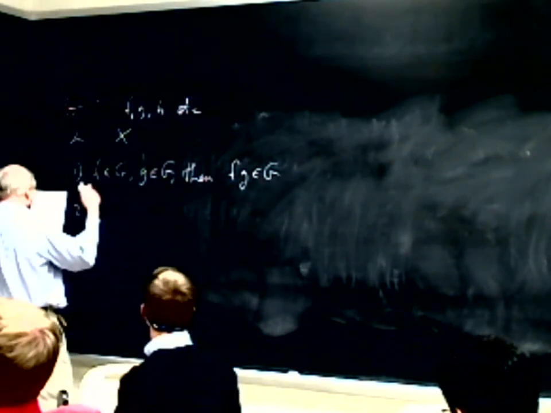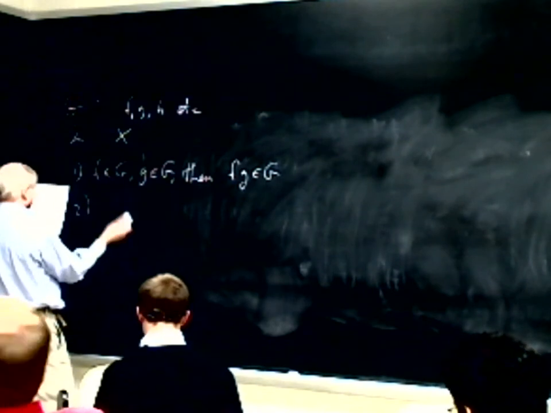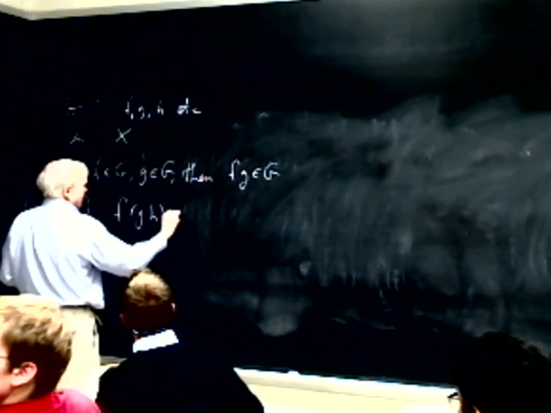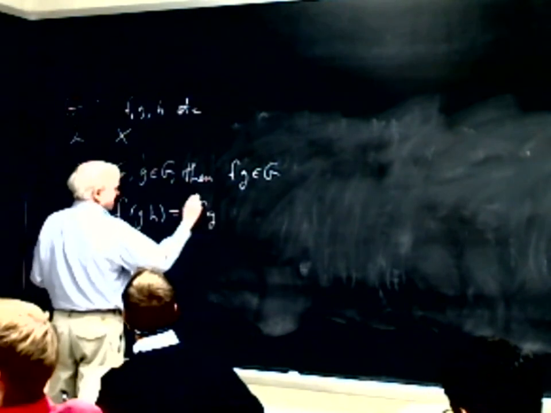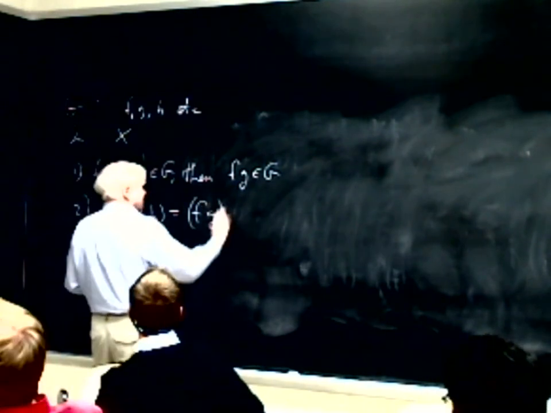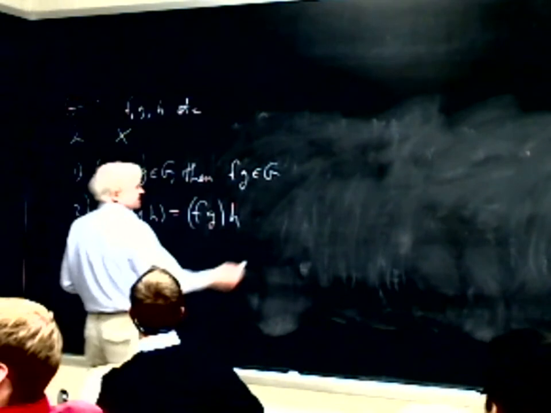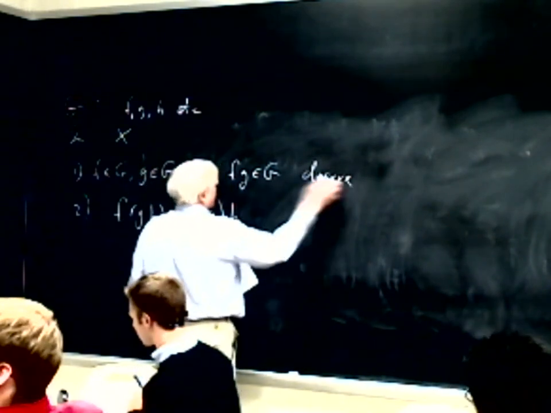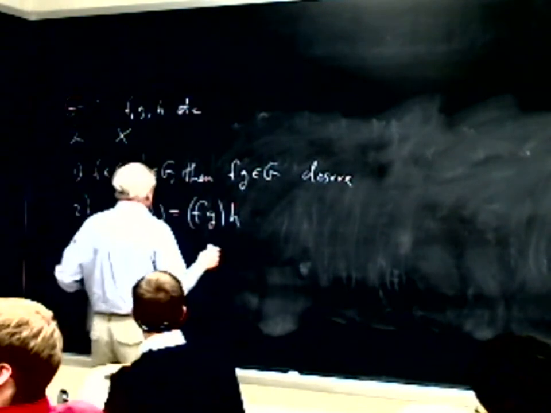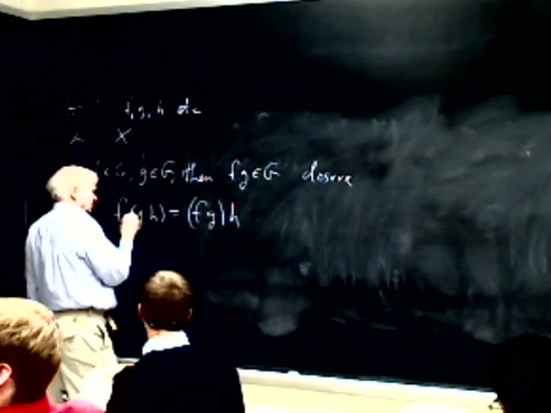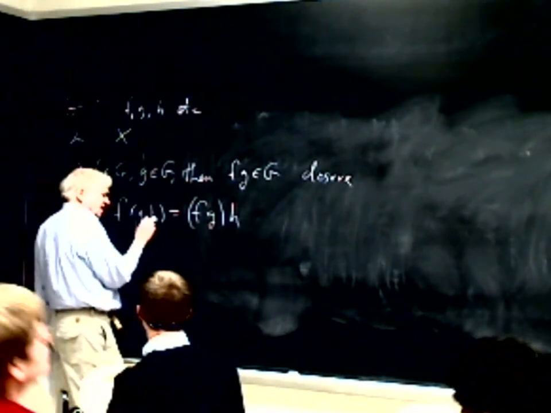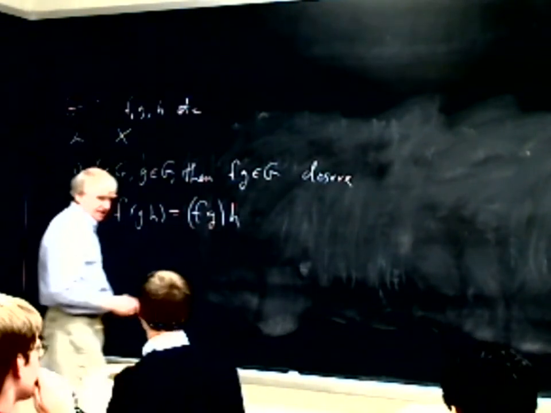Secondly, for elements in the group, F times GH is the same thing as FG times H. If you have the product of three elements, it doesn't matter if you multiply the second two first or the first two first.